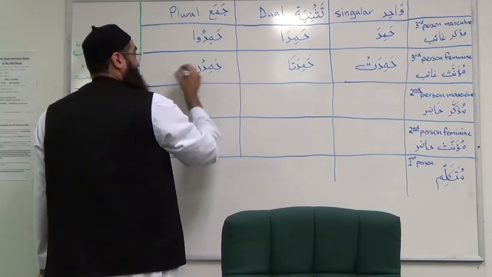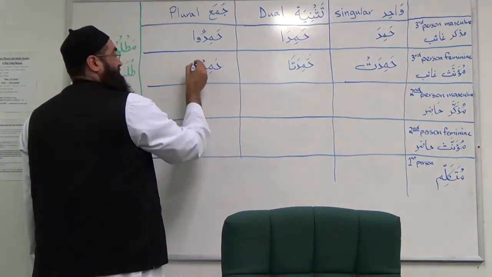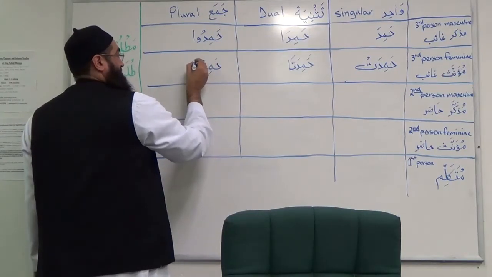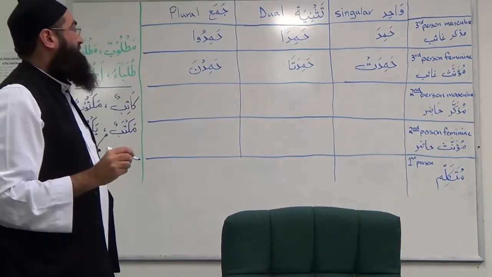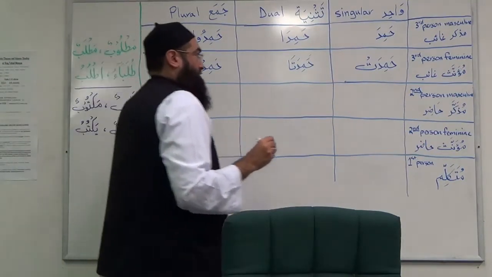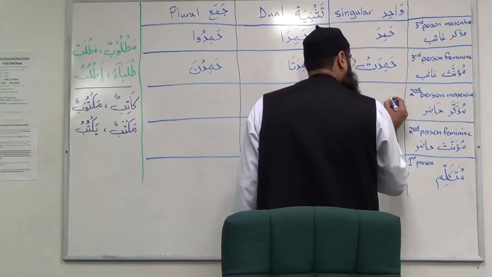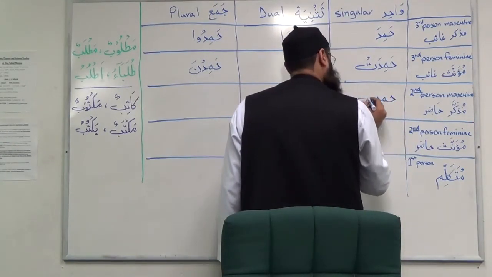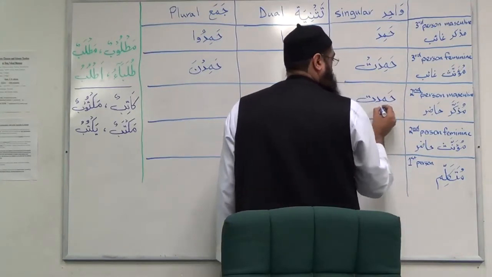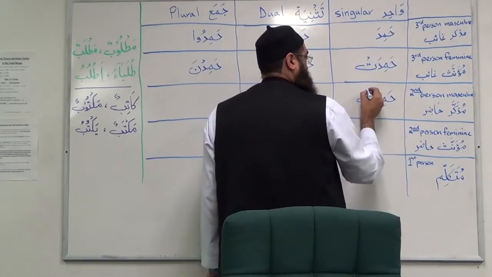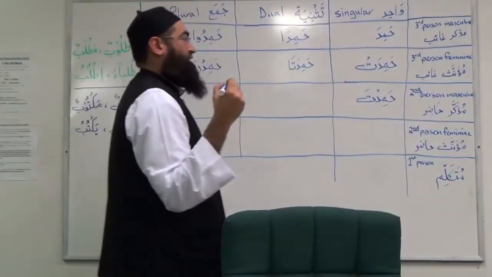So you put a sakin on this, and what do you put on the noon? Dhamma is wrong. Fatha. Hamidna. All right. You, one man: sakin on the dal and then a fatha. Hamidta.